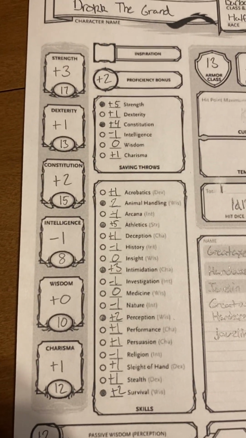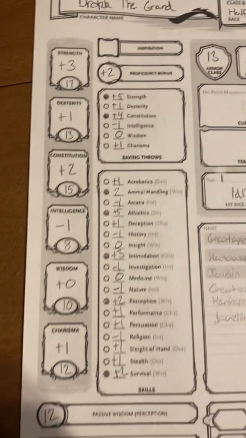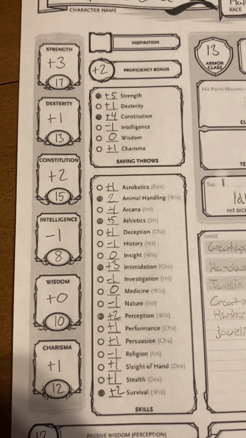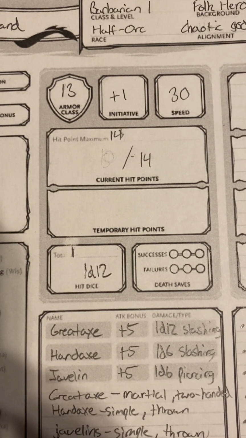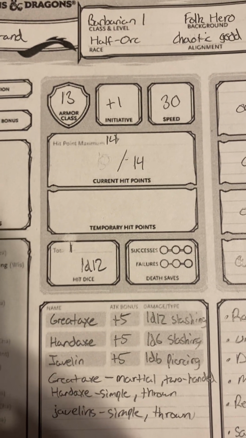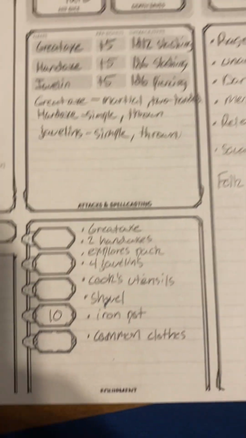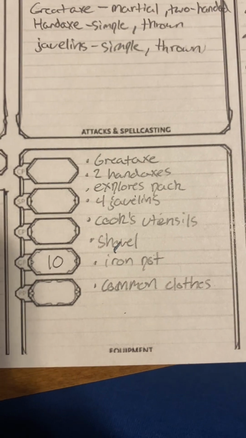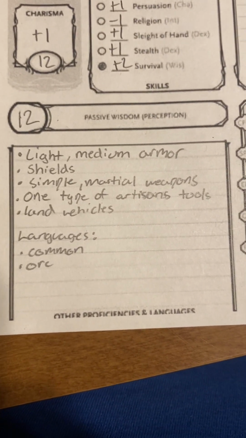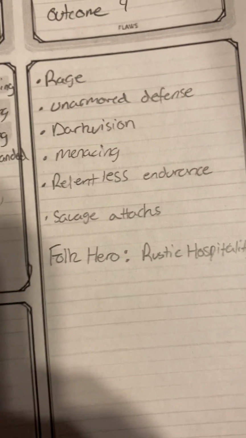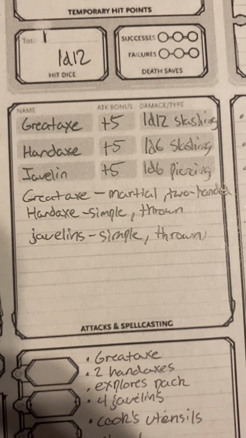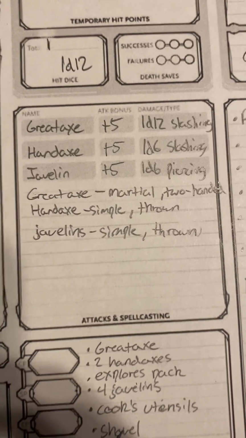Here we have our abilities, our saving throws, and our skills with our modifiers added to them. Here we have our armor class, initiative, speed, and hit points. Here we have our equipment, our proficiencies and languages, our features, and here we have our attacks.